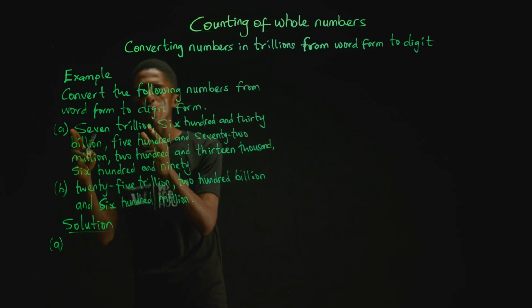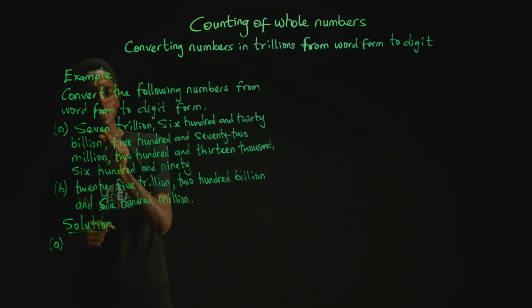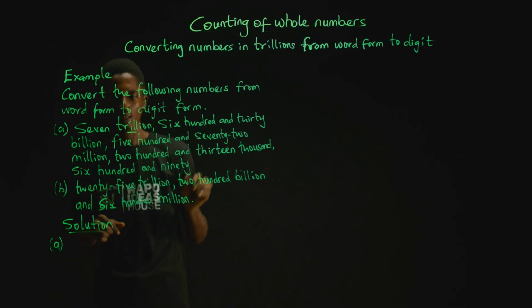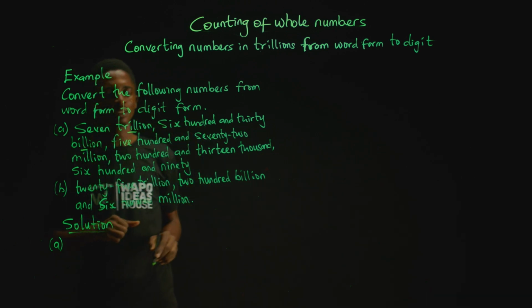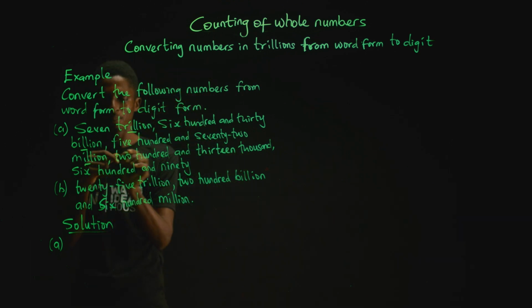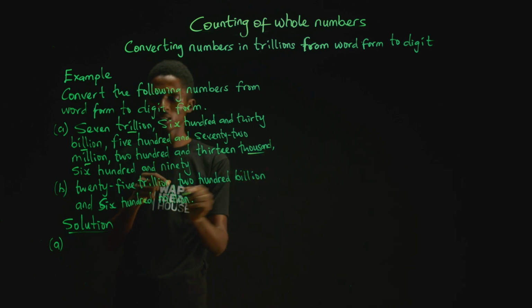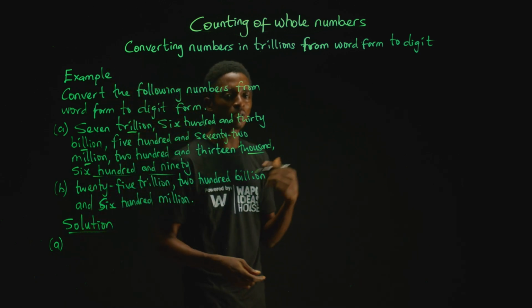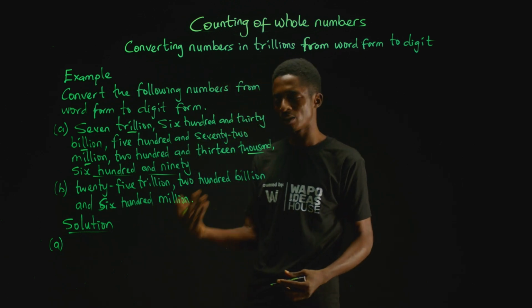So the first group we have from the left is trillion, followed by billion, then million, the thousands, and then the ones. By noting this, you can successfully convert it into digit form.